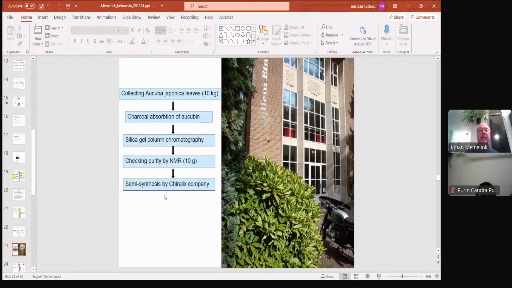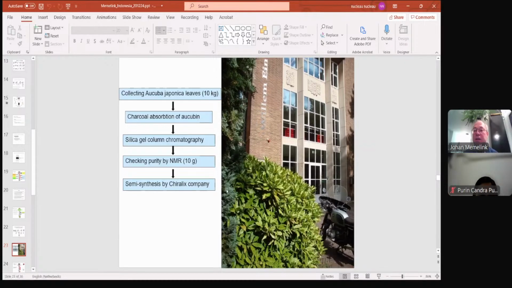And this photograph is of the plant Aucuba japonica. It's actually a Japanese shrub, and a common garden plant in the Netherlands. And here you see the one that we used for harvesting the leaves.